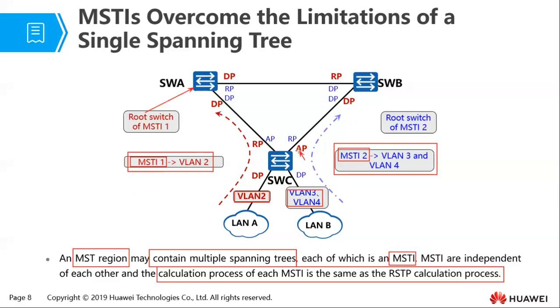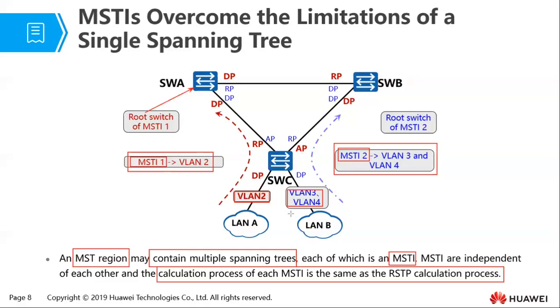Any traffic that is supposed to pass through MSTI 1 cannot be forwarded through this link here. So that's why all traffic from VLAN 2 will simply be forwarded like this, because for VLAN 2 traffic, this port has been blocked. So I hope that is clear.